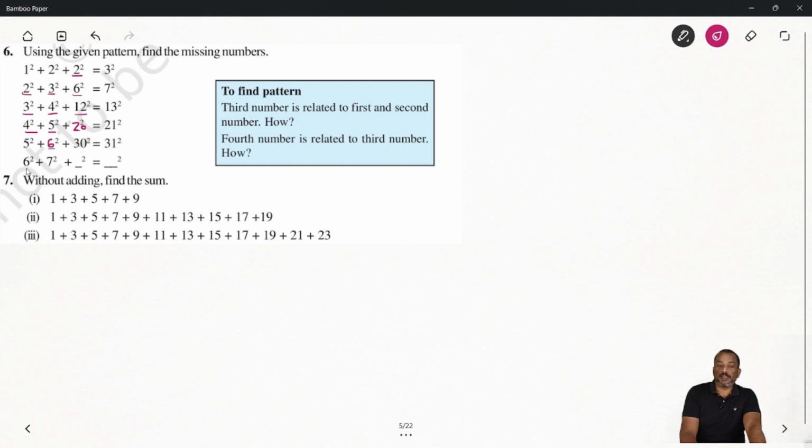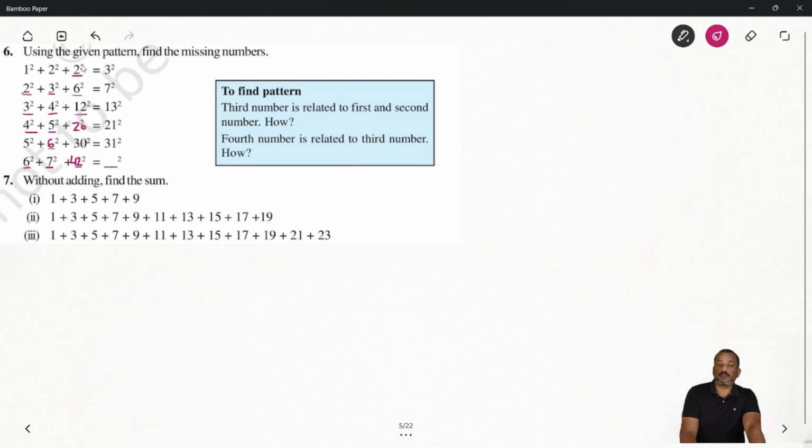Now again you can see the first number and second number are multiplied. So 6 times 7, you will get 42. Now how is the fourth number related to the third number? That is just adding 1 to the third number.